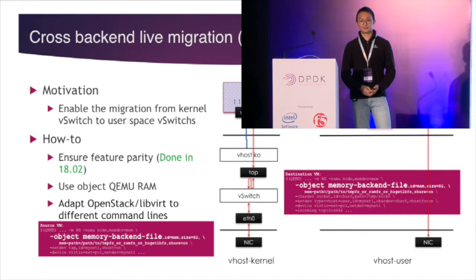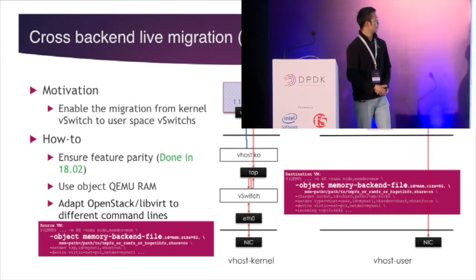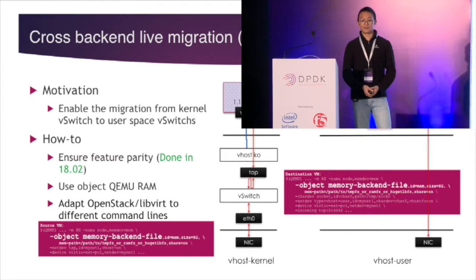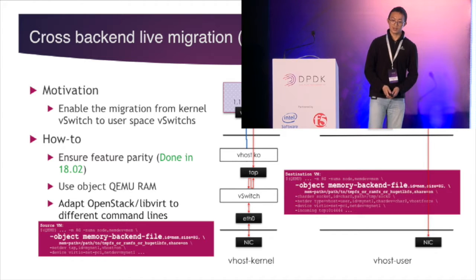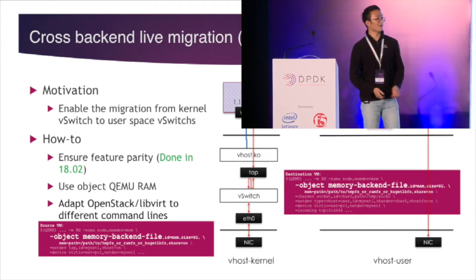So to enable that, there are three areas that need to be addressed. First is the feature parity. This is already done in the 1802 release. We fixed a lot of feature gaps between DPDK Vhost and the kernel Vhost.net. And also the command line, maybe it's too small for you to see, but you can always see the slides on the website.